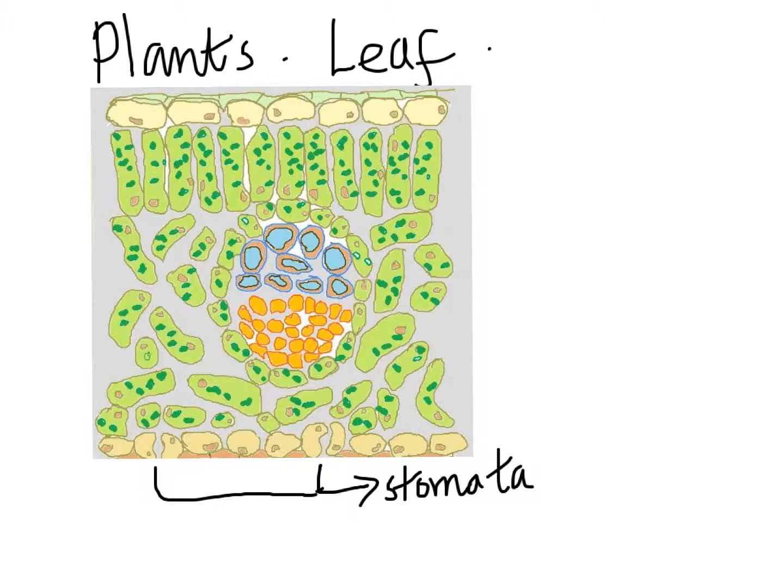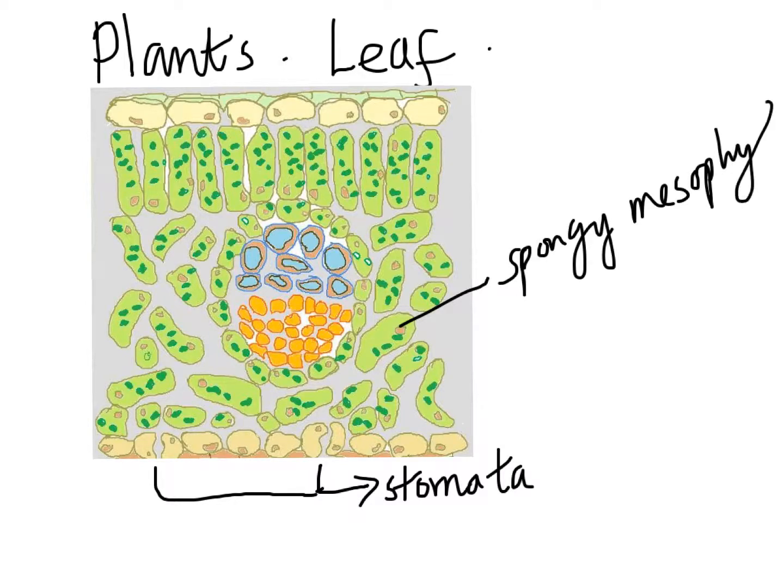So you have these holes which allow the gases to come in, which are called stomata. The sheer number of stomata is itself an adaptation of a leaf for efficient gas exchange. The second adaptation is this loosely packed layer of cells, this tissue, which is called the spongy mesophyll, and that gives a large surface area. Okay, so that's the name of that tissue.